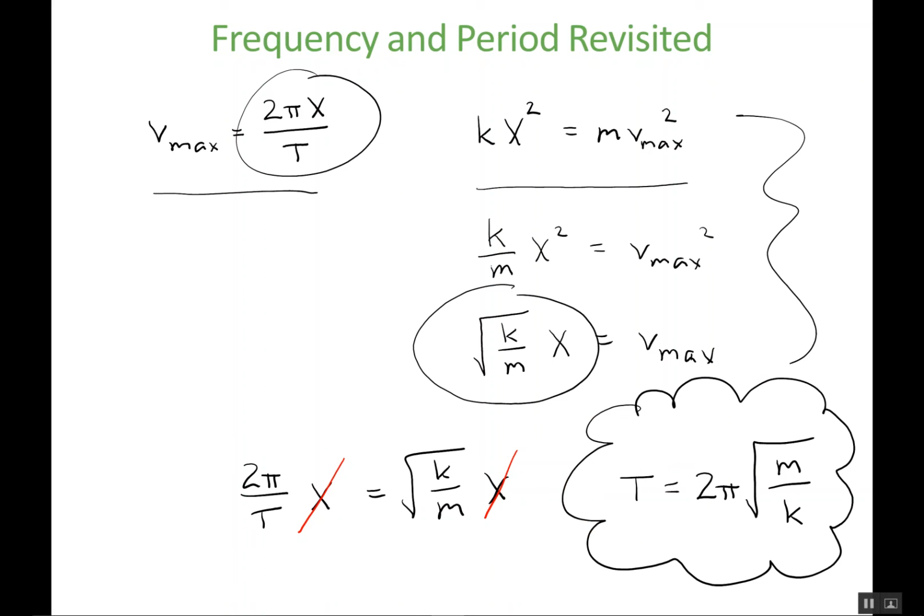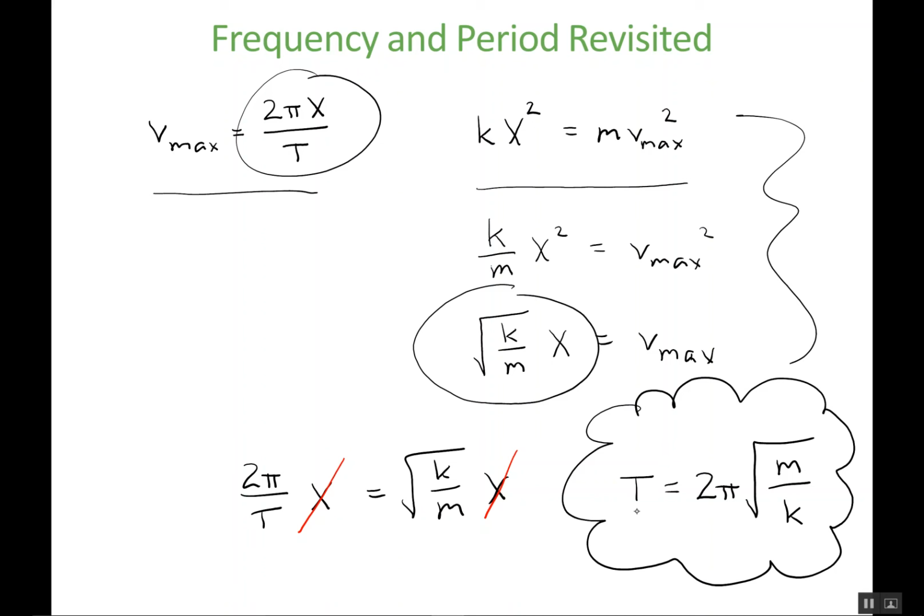So if we do a little bit more algebra and solve this equation for T by multiplying both sides by T and then dividing both sides by the square root of k over m, which gives you the reciprocal, the square root of m over k, we get a final relationship giving us the period of a mass oscillating on a spring as a function of the mass and the spring constant.